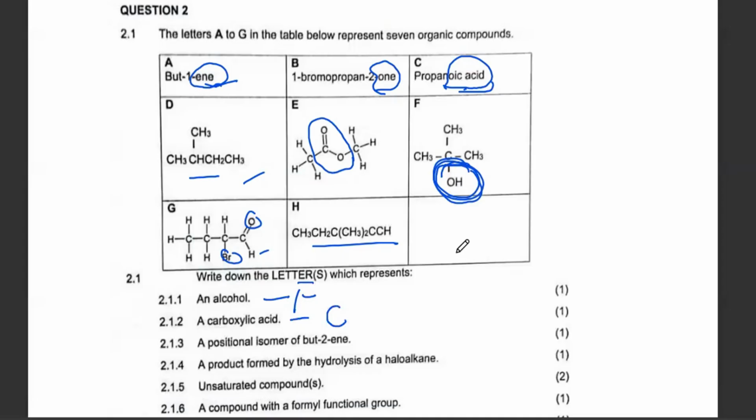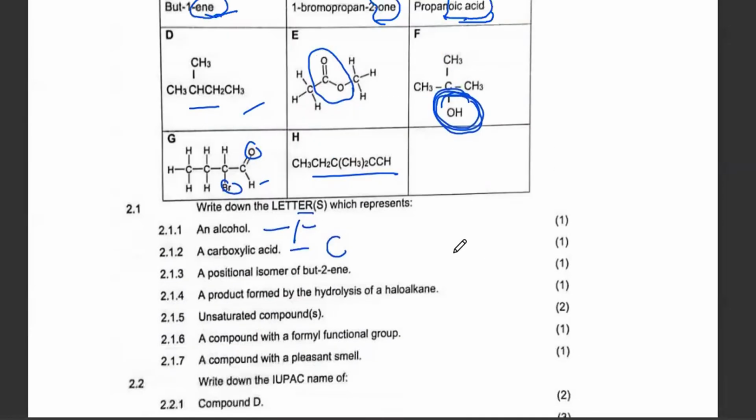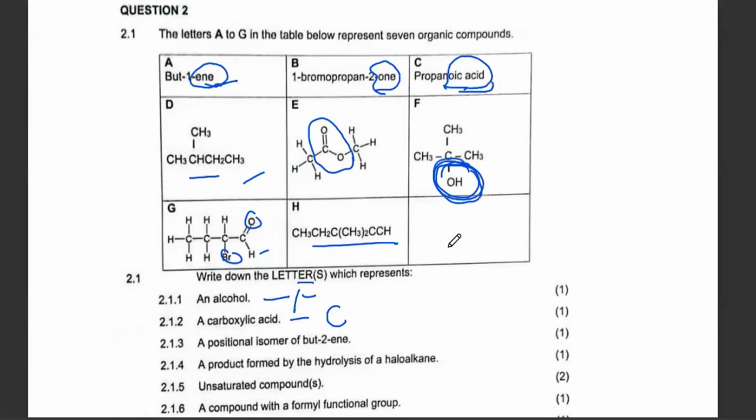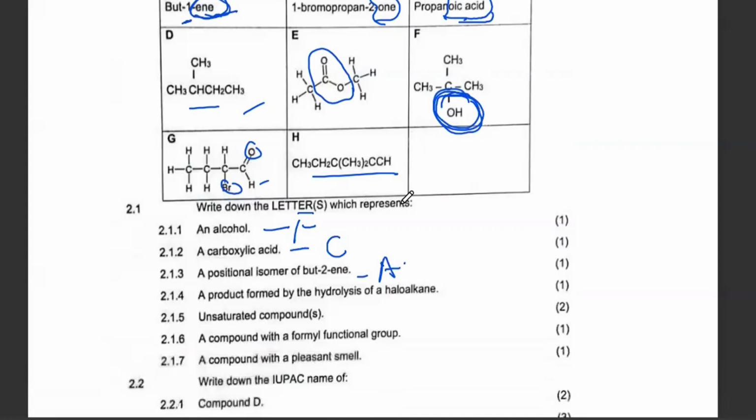Then they are saying position isomer of but-2-yne. But-2-yne, but-1-yne, because it's just changing the position of the functional group. So it is A.